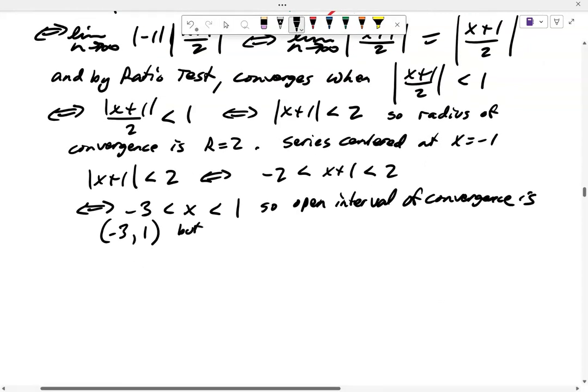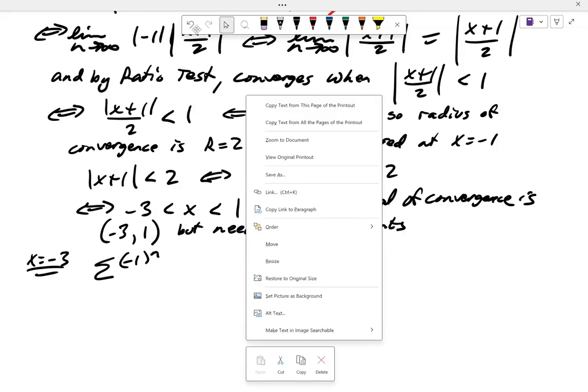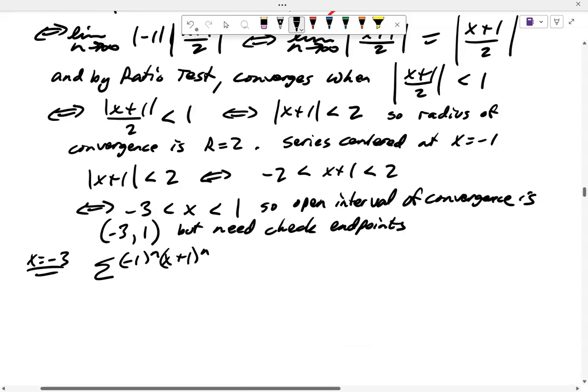But don't forget, we need to check these endpoints for convergence, or divergence. So let's check at -3. So we have -1 to the n, x plus 1 to the n, all over 2 to the n, from 0 to infinity. We're going to let x be -3.